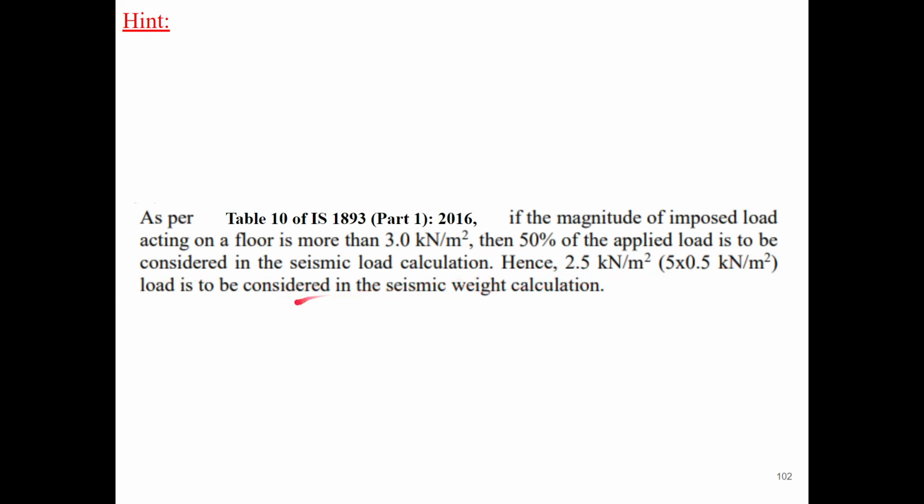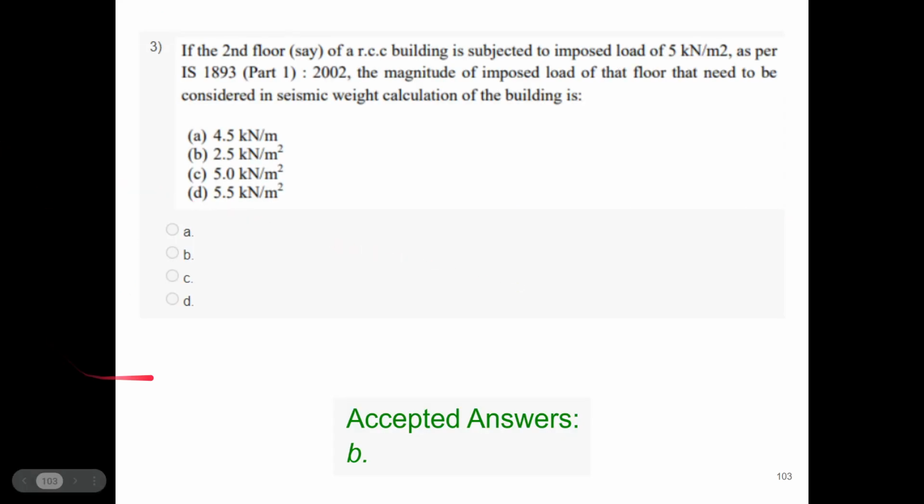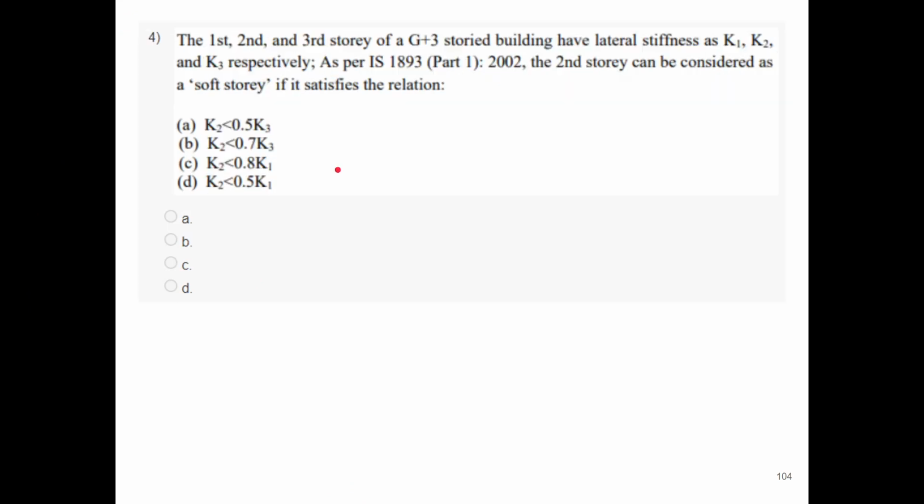So we have to consider 50% only for seismic load calculation. Here, as we have been given 5, we have to take 50%, which is basically 2.5 kilonewton per meter square. Therefore 2.5 kilonewton per meter square load is to be considered in the seismic weight calculation. So B 2.5 kilonewton per meter square is the correct answer.